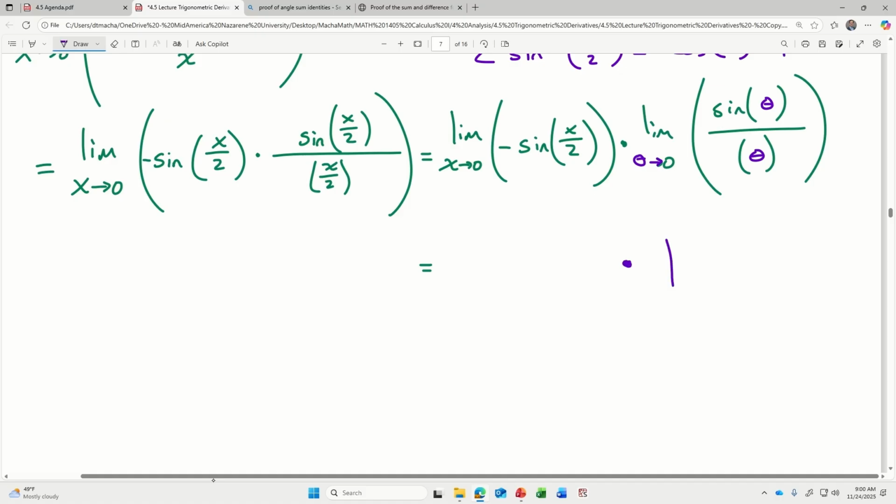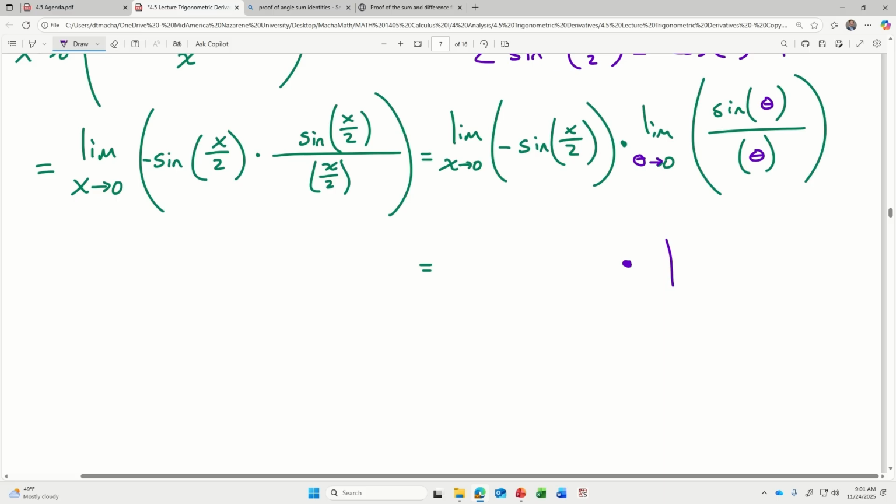Okay, this one. What's the limit as x approaches 0 of negative sine of x over 2? That would be 0?